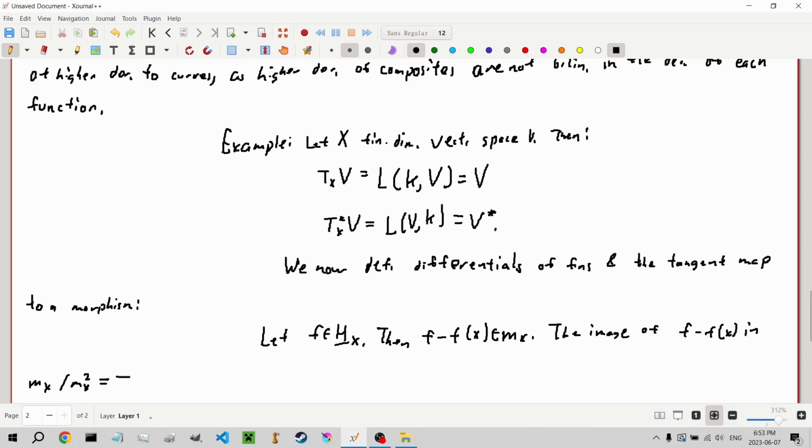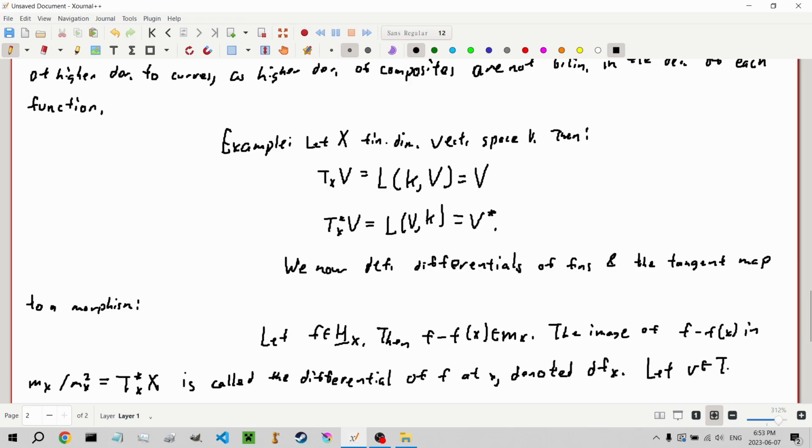Keep in mind this is isomorphic to the cotangent space at x. So what we're left with is essentially the first order term. This is called the differential of f at x, at least in a one-dimensional case. It is denoted df at x.